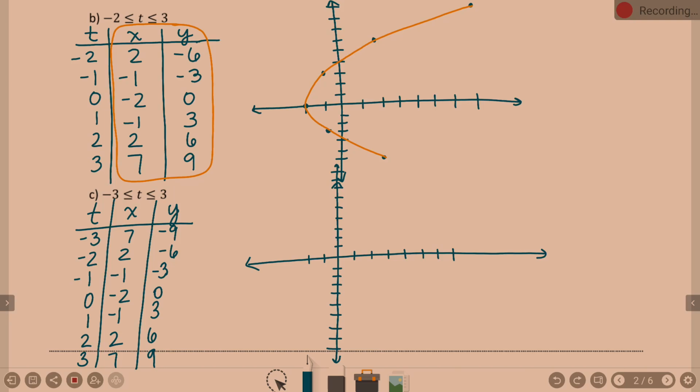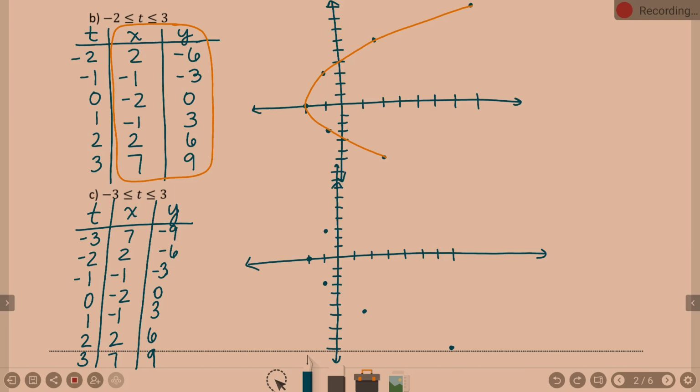Okay. I'm starting with right 7, down 9. Right 2, down 6. Left 1, down 3. Left 2, up or down 0.